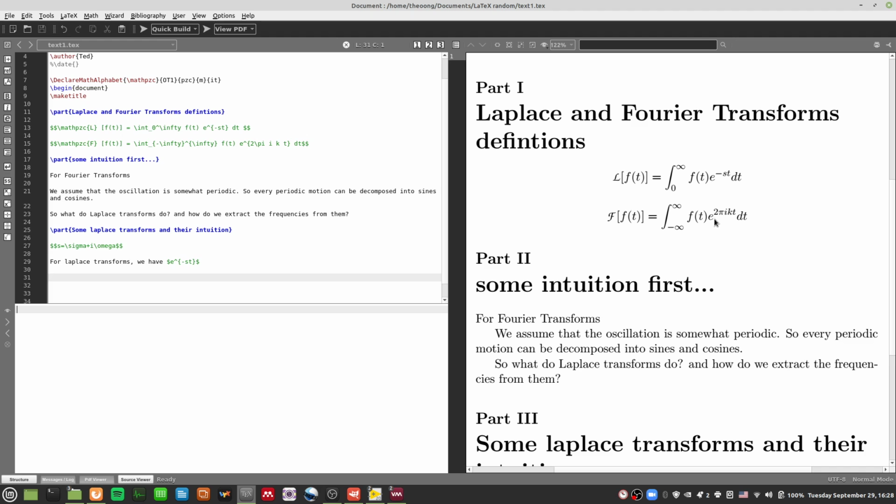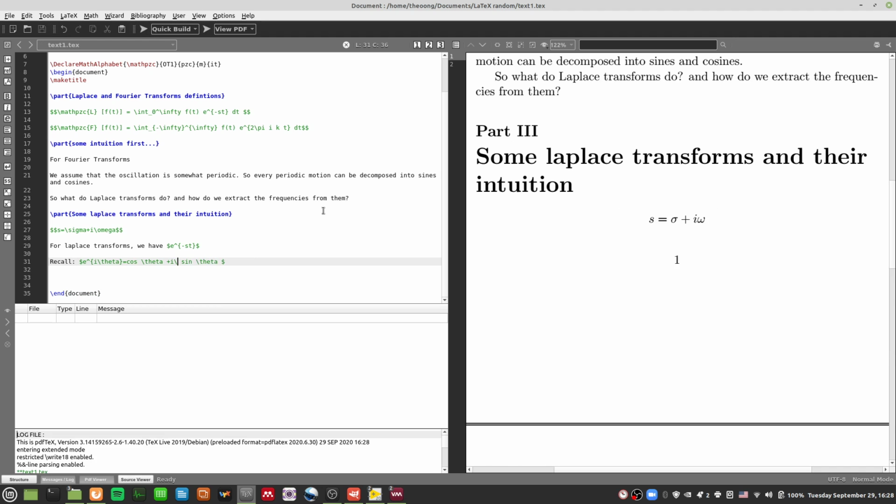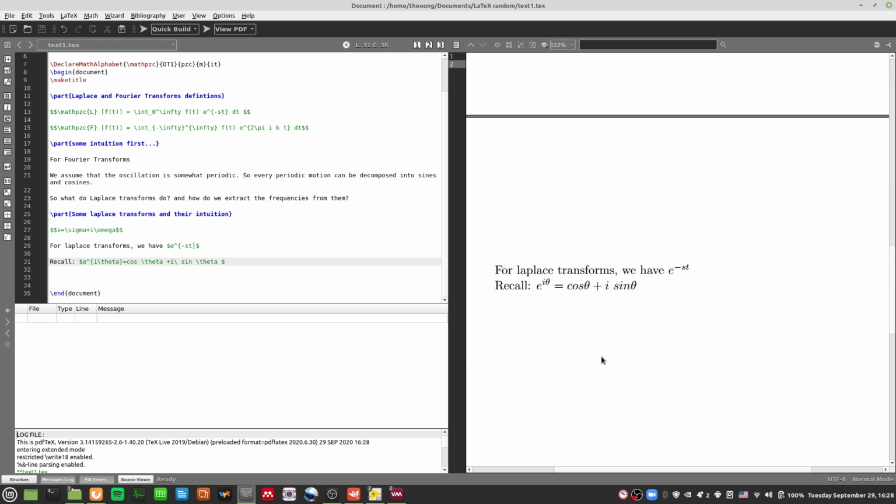Now, what's so special about e to the power of some imaginary number? Recall that e to the power of i theta equals cosine theta plus i sine theta.